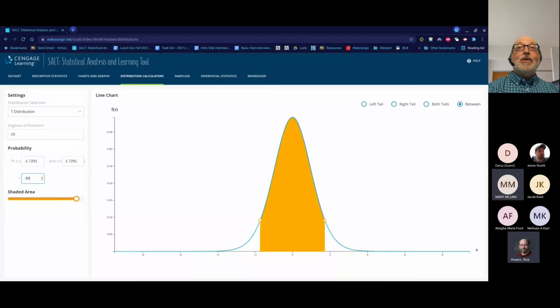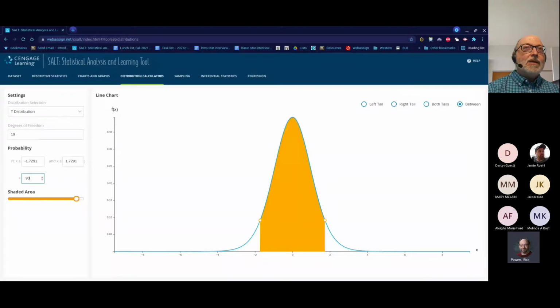Number two, if you know the sample size, you just subtract 1 from it, and that's degrees of freedom. So if the sample size is 20, degrees of freedom is 19. Okay, so we always just subtract 1. Yes. We just subtract 1, and that's degrees of freedom.